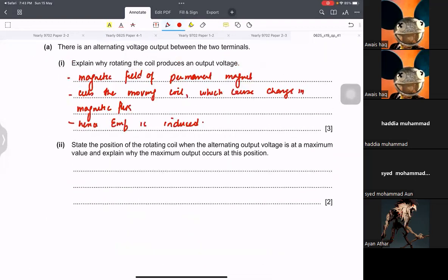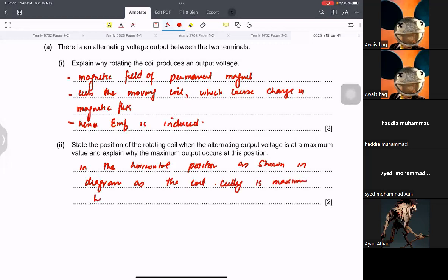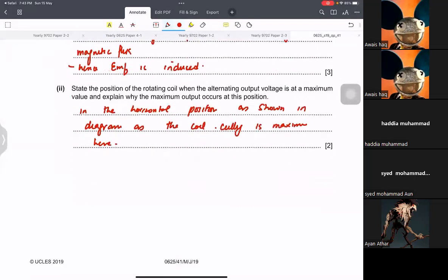Okay, so we're going to write: in the horizontal position as shown in the diagram, as the coil cutting is maximum. Here you can also write about speed, that it will be at highest speed. So that's up to you. Okay.